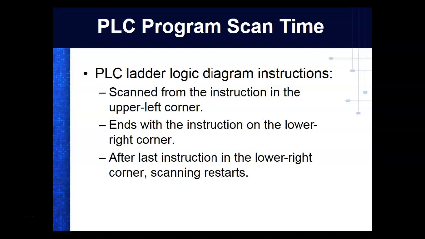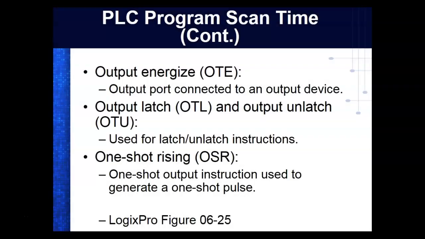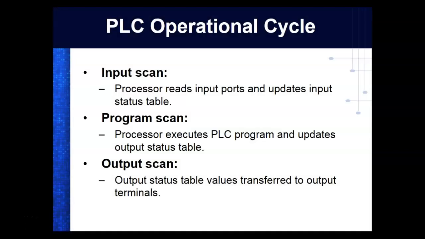That's why the last line that has that output in it is the one that's controlling it. Output energize, everybody okay on that? That's the standard one. Output latch, we showed y'all that. Output latch instructions are used for latch and unlatch. These have to be used in pairs, and we're not going to talk about the one shot. If you take PLC 3, we'll get into that instruction.